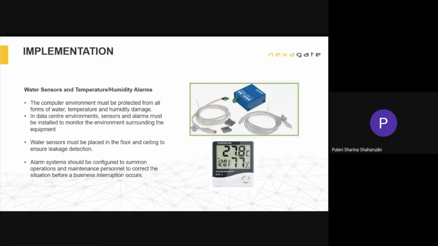Water sensors must be placed in the floor and ceiling to ensure leakage detection. If proper conditions are not maintained, alarm systems must be configured to summon operations and maintenance personnel to correct the situation before a business interruption occurs.